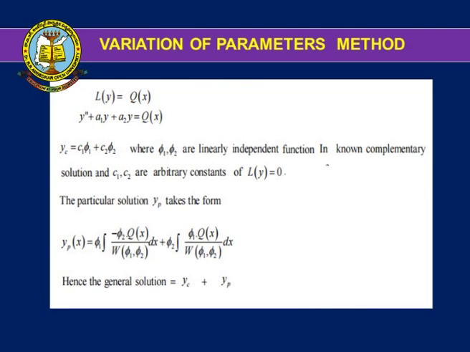So here, in the c1 place, we identify the particular integral of minus y2 of x by the Wronskian determinant dx, plus in the c2 case it is the integral of y1 of x Q(x) by the Wronskian determinant dx. These two integrations you substitute, and we identify the particular integral.